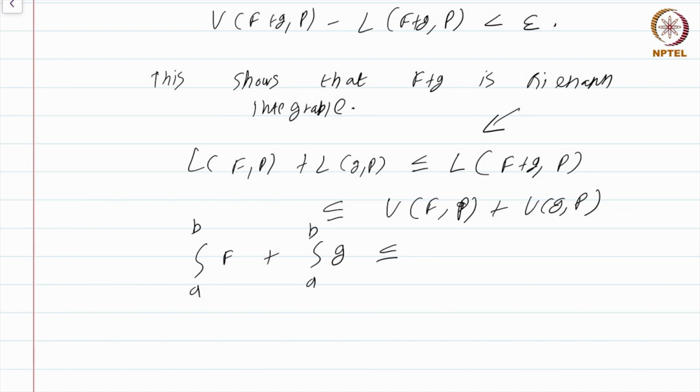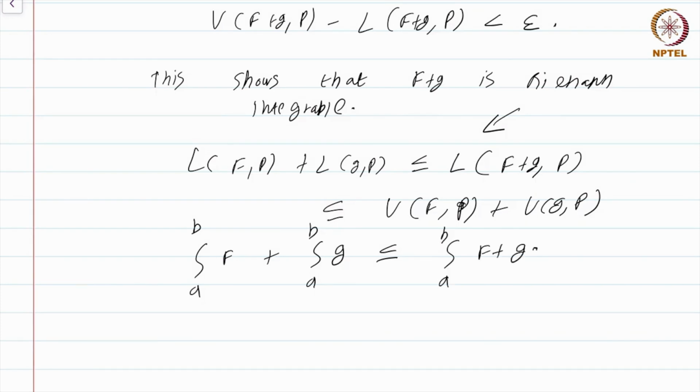Sorry about that. The integral is obtained by taking the supremum of the lower sums or the infimum of the upper sums. Okay, so we get integral a to b f plus integral a to b g is certainly going to be less than or equal to integral a to b f plus g. Okay, that's just coming from the first inequality.